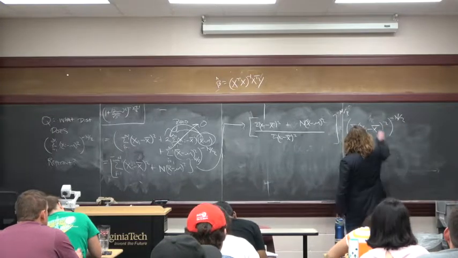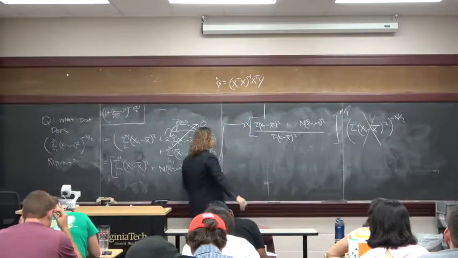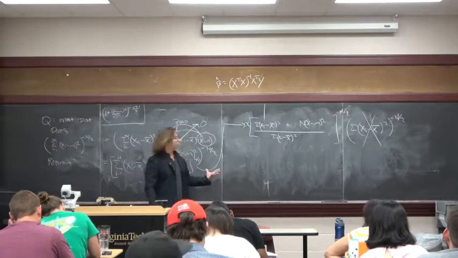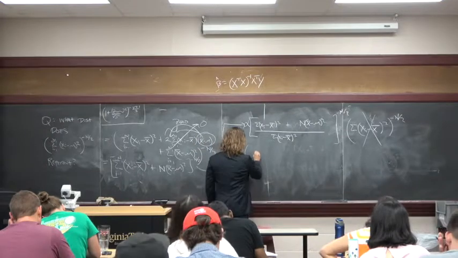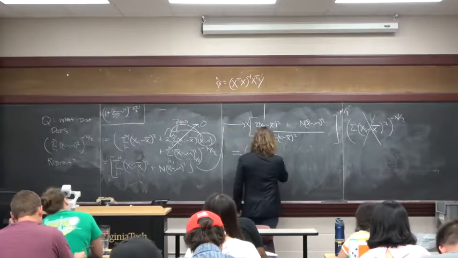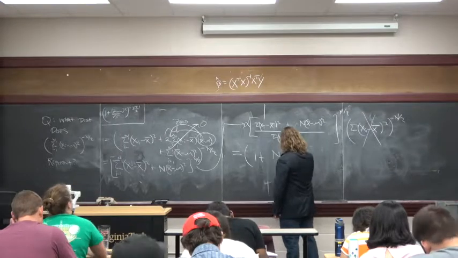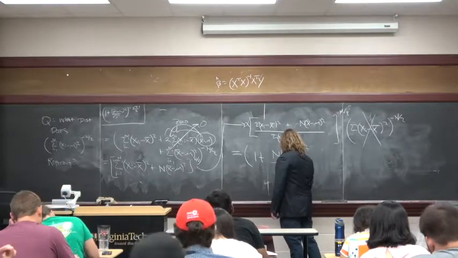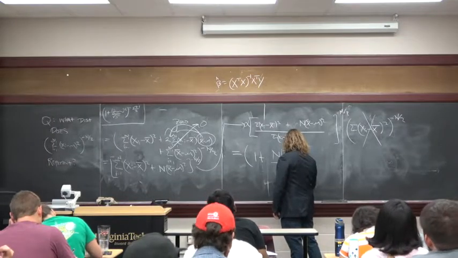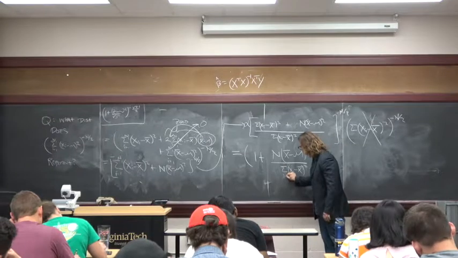But this part I can get rid of and just write this thing up to proportionality. That's a nice thing. So this thing is equal to 1 plus n times x bar minus mu squared divided by the sum of the xi's minus x bar squared, with i going from 1 to n.